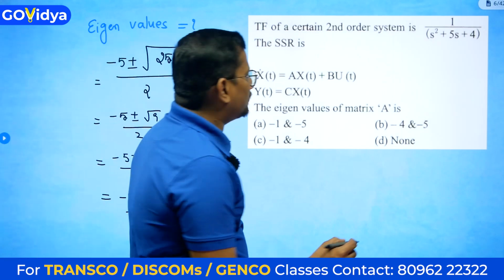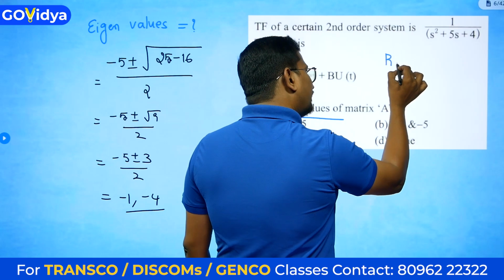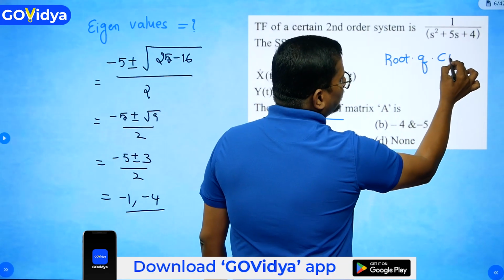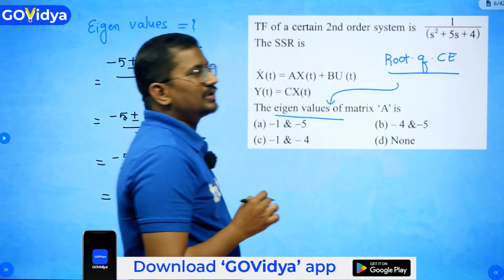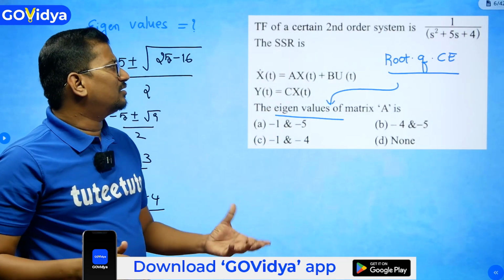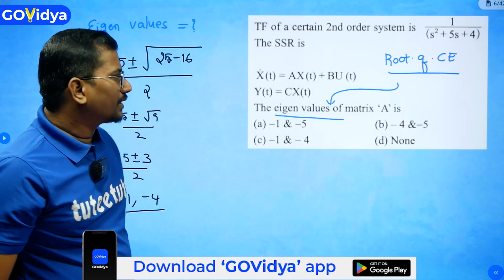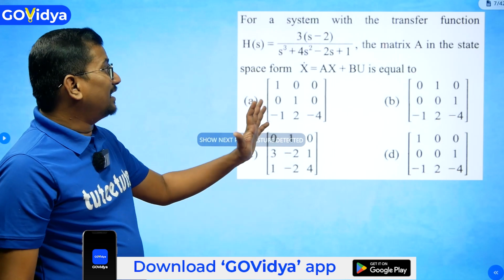So the hint here is that eigenvalues are nothing but roots of the characteristic equation, and roots of the characteristic equation are nothing but eigenvalues. So no need to do comparison like this and that. Okay. Now let us see. This is our standard notation only.